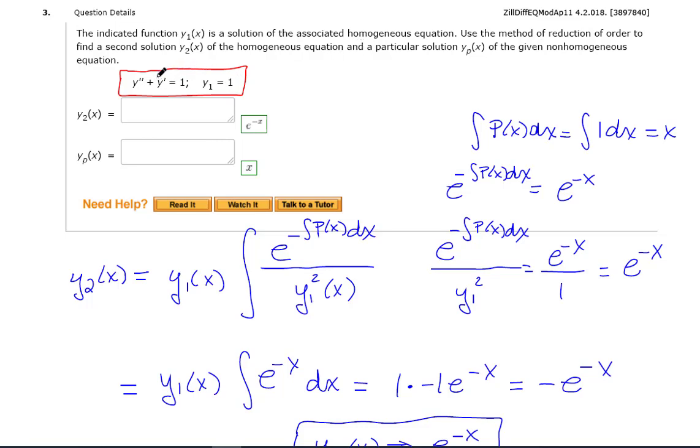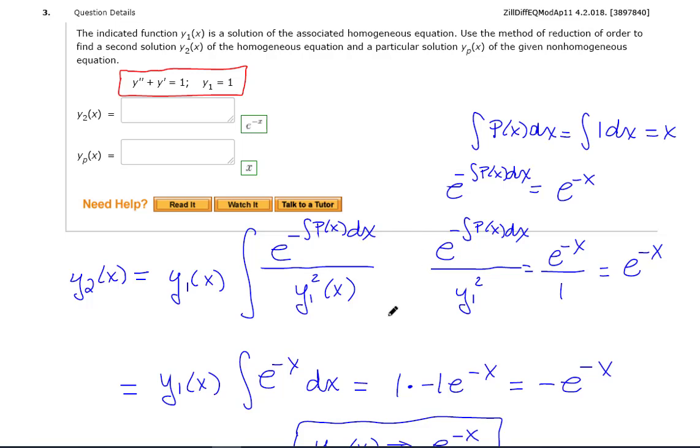Let's see, where's p? p is in front of y prime, so that's the integral of 1. So integral of 1 is x, and so I get e to the minus x. So this is e to the minus x over y1 squared. Well, what was y1? y1 is 1, all right, so this whole business is e to the minus x.